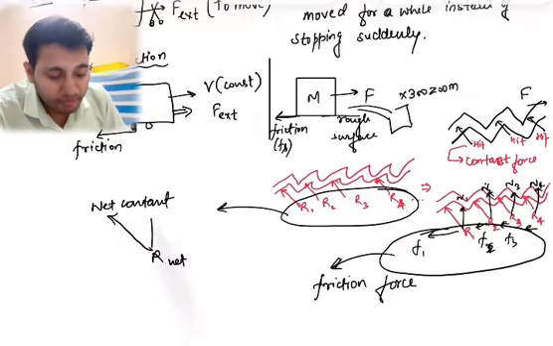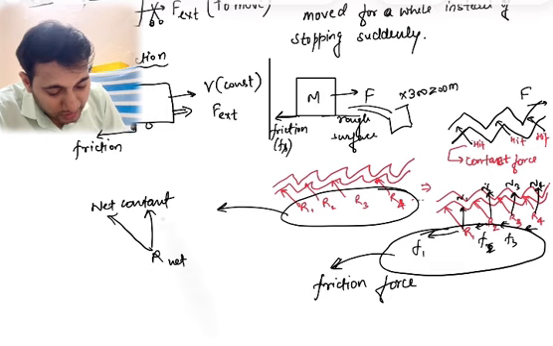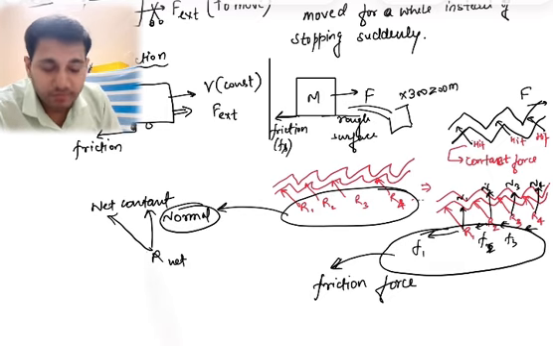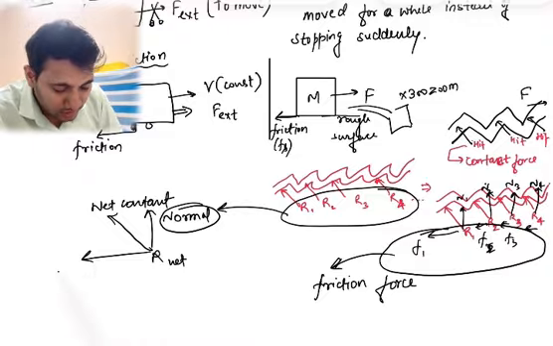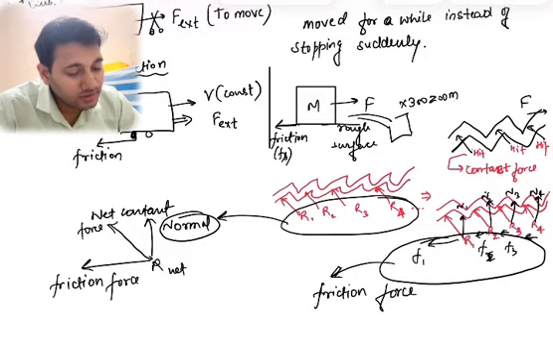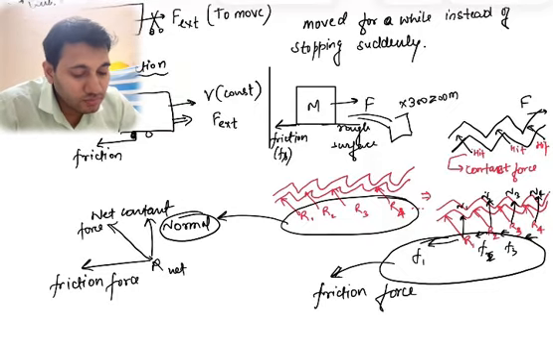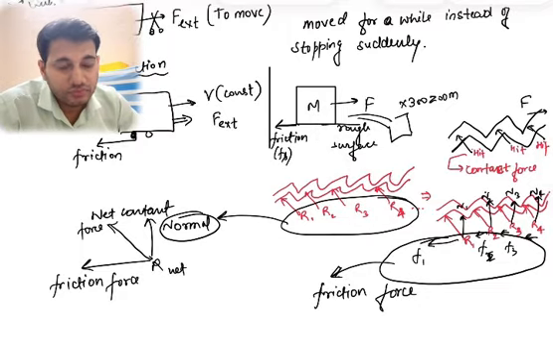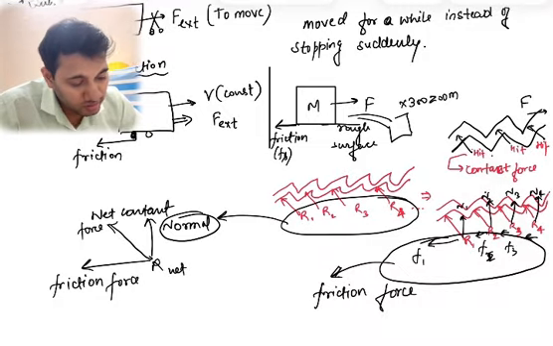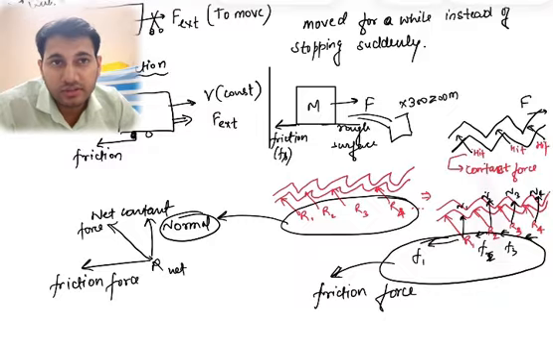The vertical component of this R net is nothing but the normal force in the upward direction, and the horizontal component of this R net is nothing but the friction force. So if I repeat, when two surfaces are in contact and we are trying to move the above surface of mass M forward, because the surfaces are rough, they get interlocked with each other, and the lower surface tries to hit the above surface, and because of this, contact forces get developed.